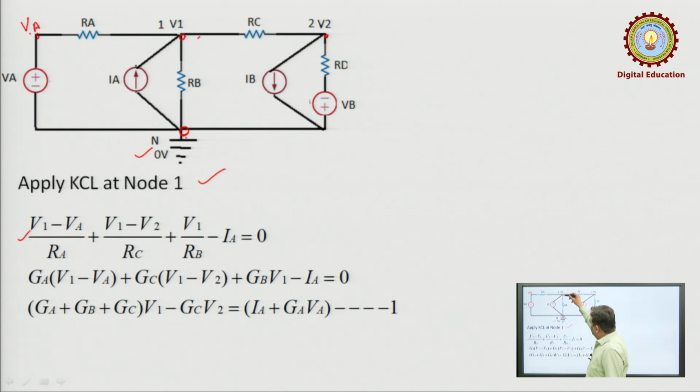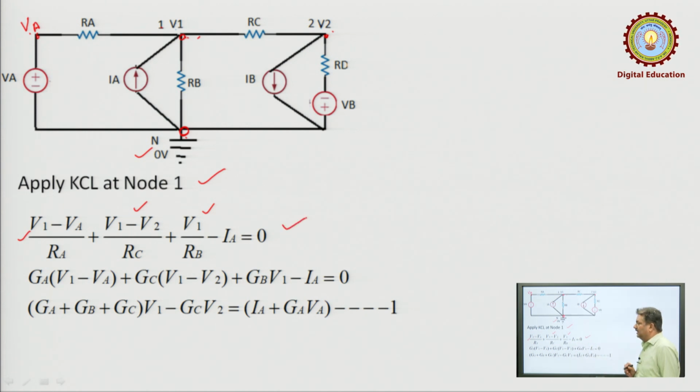The current in RB is (V1 minus 0) upon RB. The current in this branch is (V1 minus V2) upon RC. And there is a current source directly connected here, supplying current at this node. This current is entering the node and hence is considered negative, so minus IA. This will be the KCL equation at node 1.